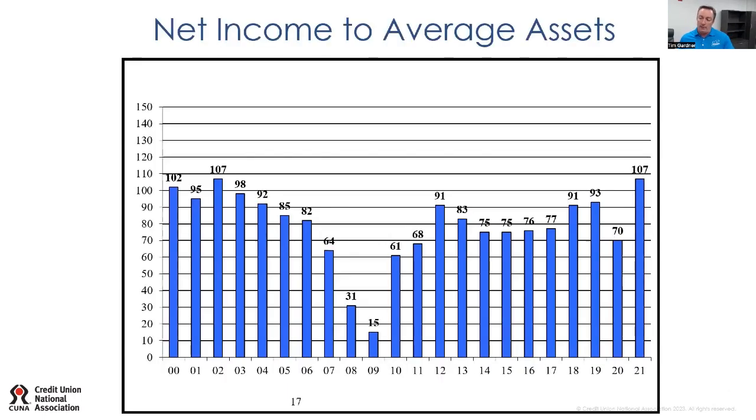As you can see, for us in the credit union movement, ROA, if we averaged it out, is probably somewhere around 80 basis points. And one of the things about ratios is we talk about ratios all the time in terms of basis points. 100 basis points is a different way of describing 1%. And it just makes it easier to talk in terms of basis points, because I could say 1% if I was talking about 100 basis points.